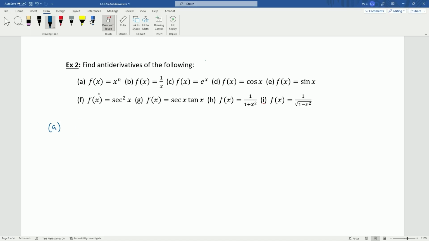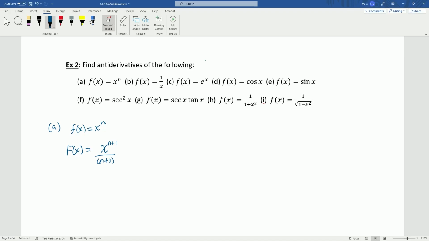So here I have little f of x equals x to the n. We're going to write the most general antiderivatives for each of these. So cap F of x: we increase the power by 1 and divide by the new power. That's exactly the opposite process of taking the derivative.